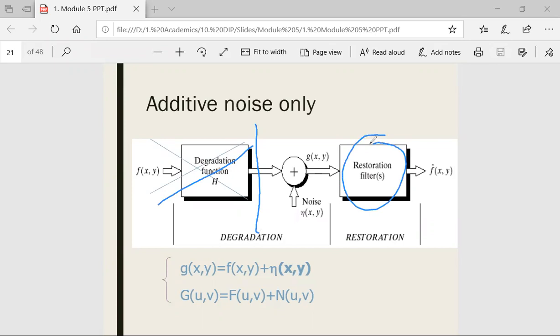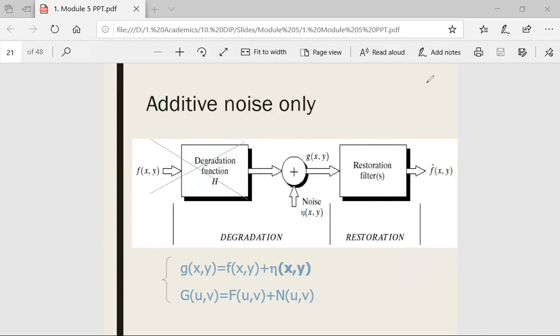In the restoration process, you're going to get g of x comma y, which is some transformed image. For this you're going to add the noise like this, then you're going to get f cap of x comma y, that is the restored image.